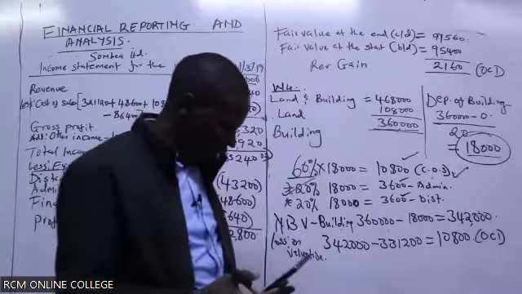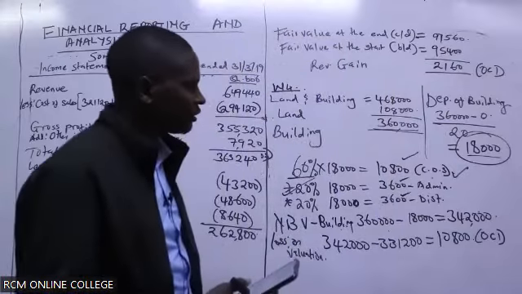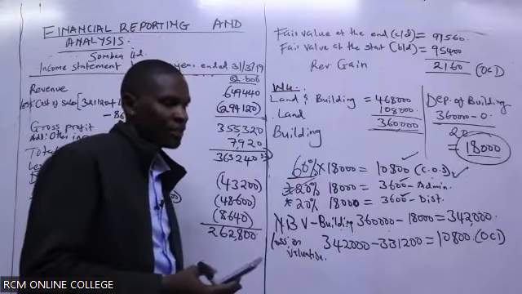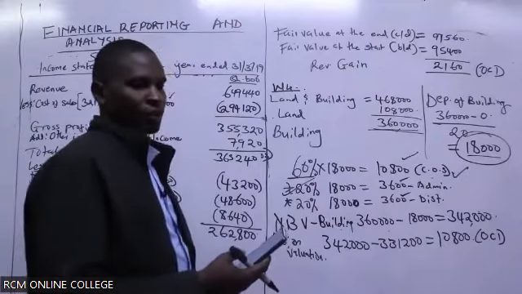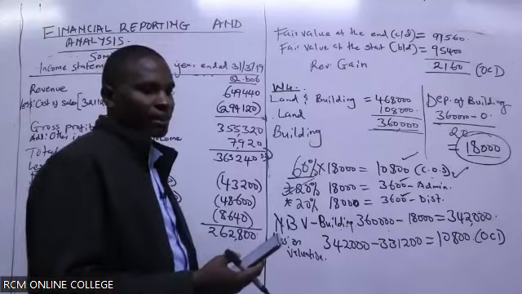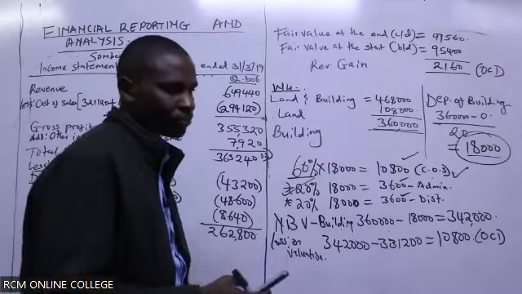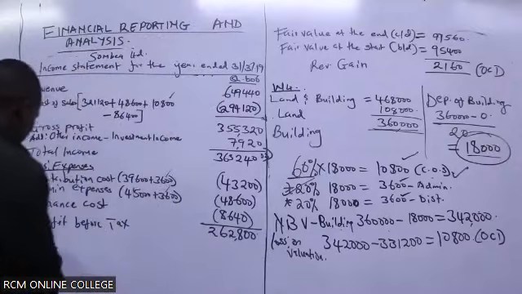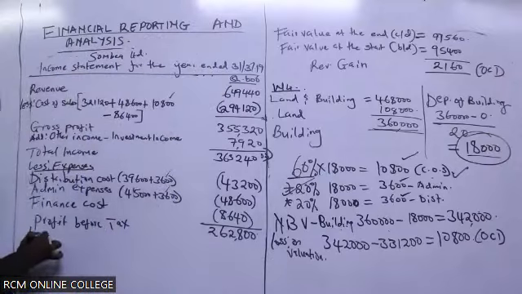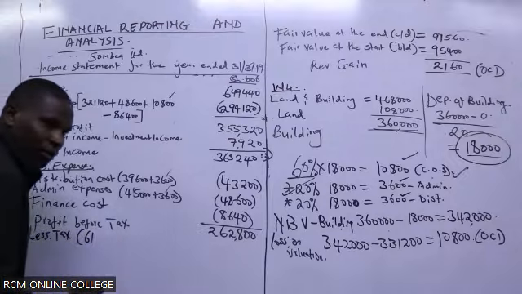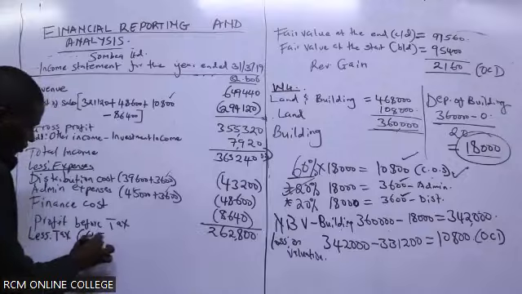Ukiona kitu iko kwa trial balance, it is either paid or received. Credited, paid. Niambie sasa kama kuna kitu unaona kwa trial balance ita affect tax yetu. Tax, less tax. Remember ni 61,560.